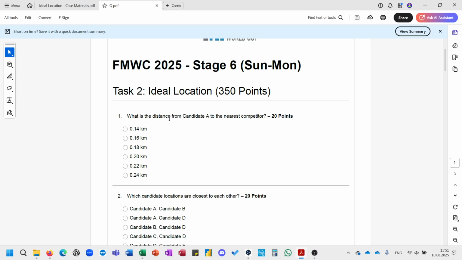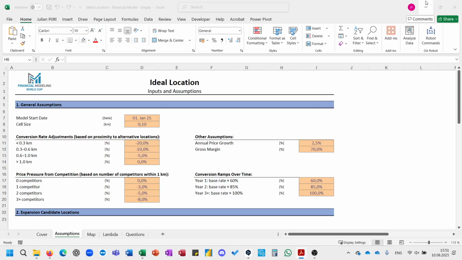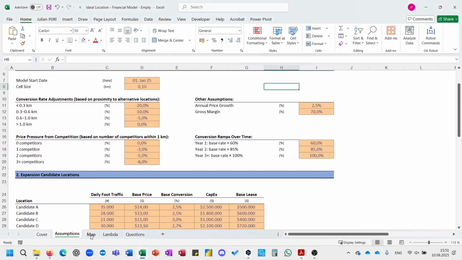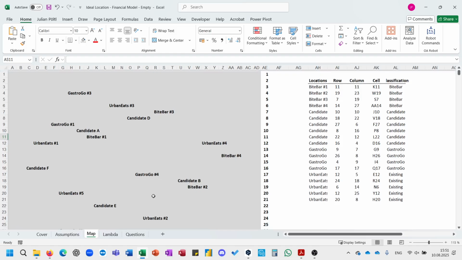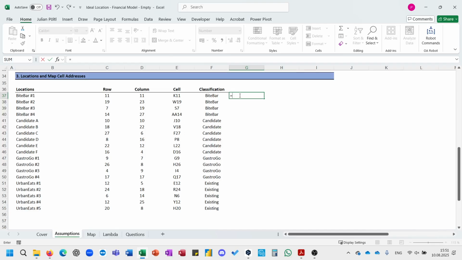So the first question is the distance from candidate A to the nearest competitor. For the distance calculation, each cell is 10,000 kilometers, and the distance uses Pythagorean terms.